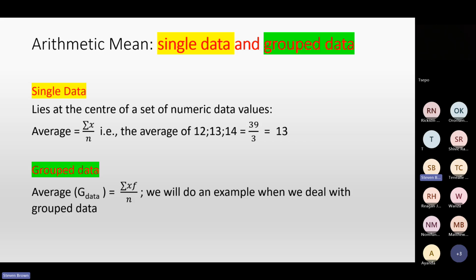Right. The first set of measures that they can ask you, either in a question 3 or in a question 4, is the ability to calculate the mean or the average. Now, they will give you this formula in your formula sheet, and what are you going to do? So, for instance, if you have a data stream of 12, 13, and 14, they will probably give you a data stream of up to 11 data points.